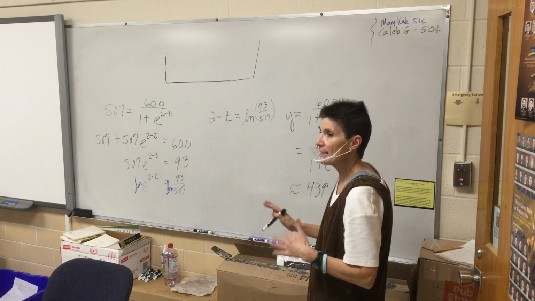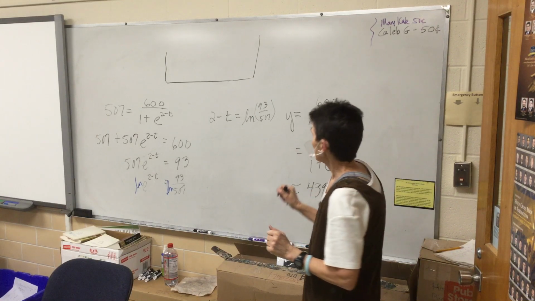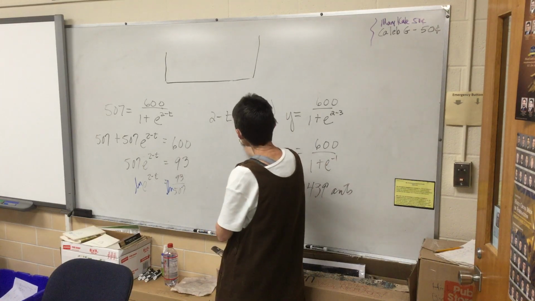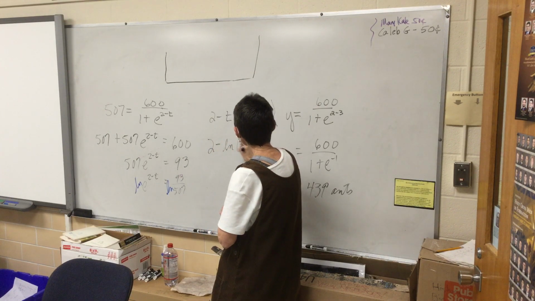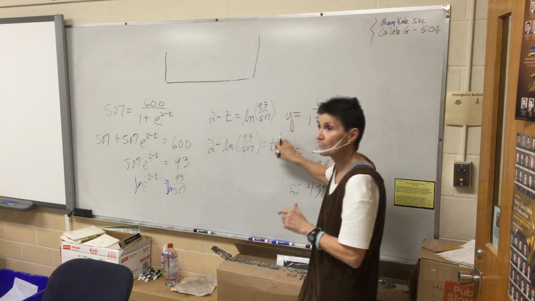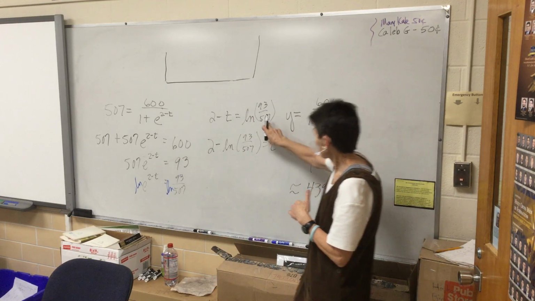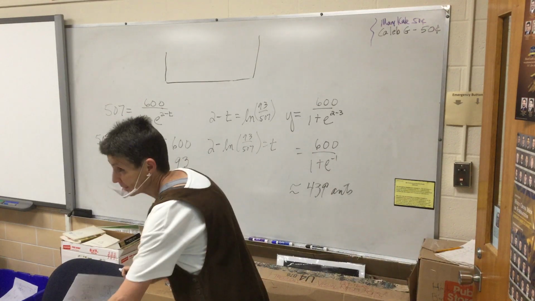Now just be careful here. It might be easier if you simply rearrange these two. So 2 minus ln 93 over 507 equals t. Add the t over here, make it positive t. Subtract this over. That might be easier for you. I don't care how you do it.